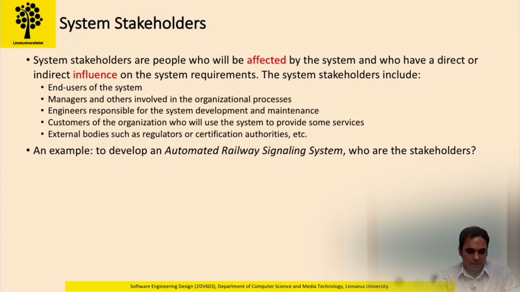So also my feedback is important as a stakeholder while a company is developing software for an ATM machine, for example. And then there are also external bodies. So while we are developing a financial system, for example, we need to make sure that we are following financial rules and regulations. So those regulators are also part of this system as stakeholders.